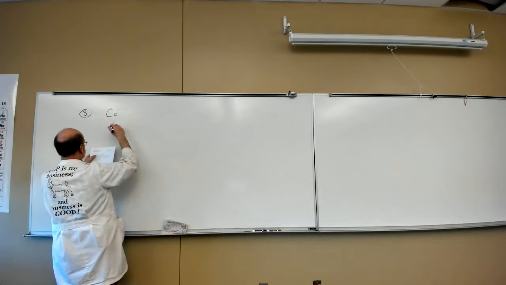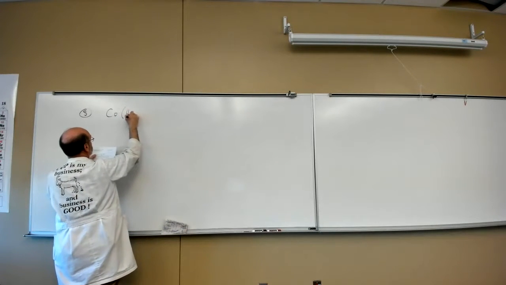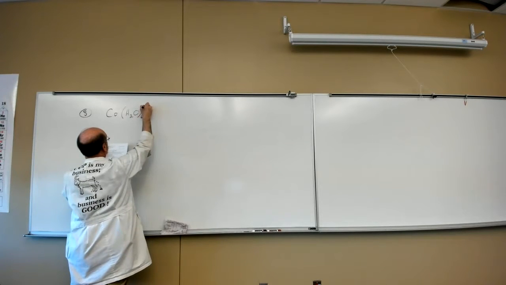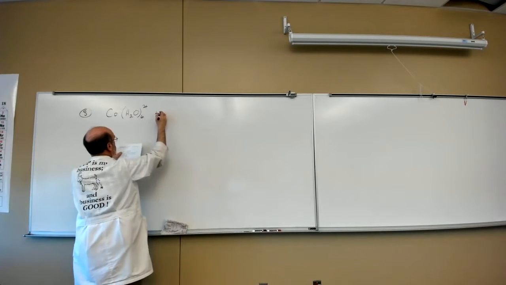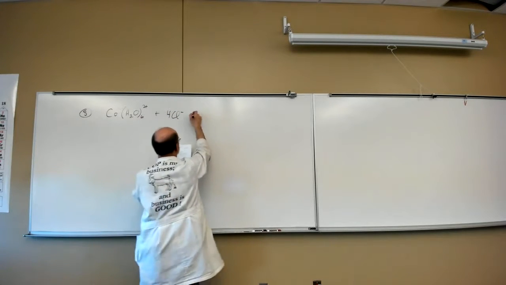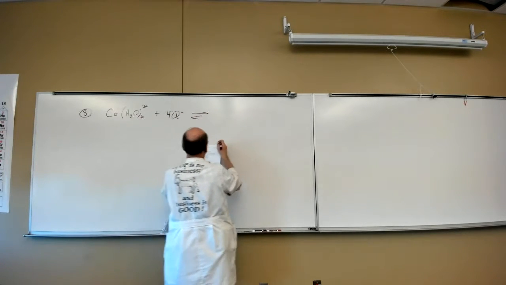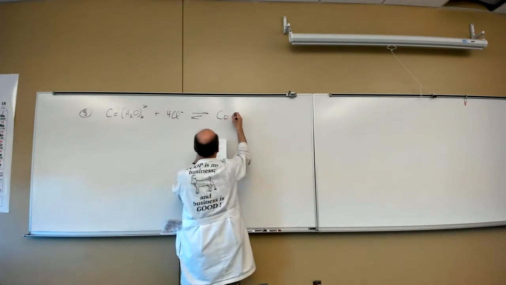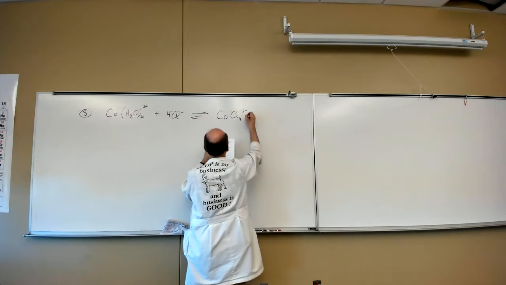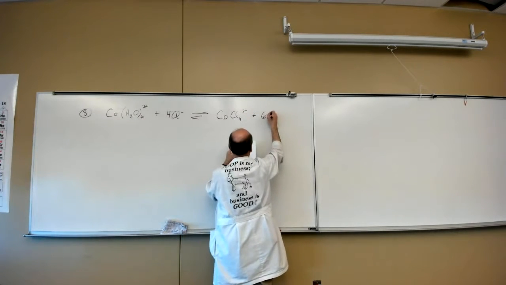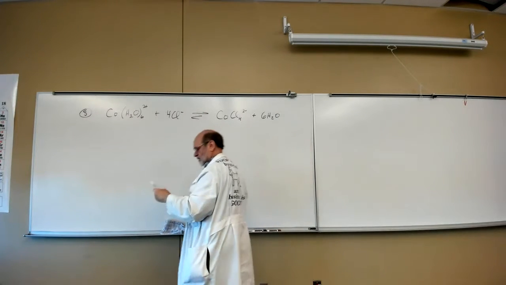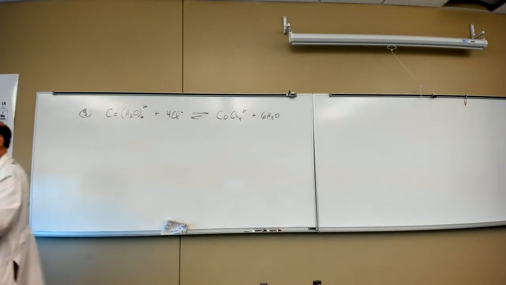So if we have this complex ion, and then we add some chloride ions to it, we get this complex ion. And then our next to the last exercise is going to be complex ions.